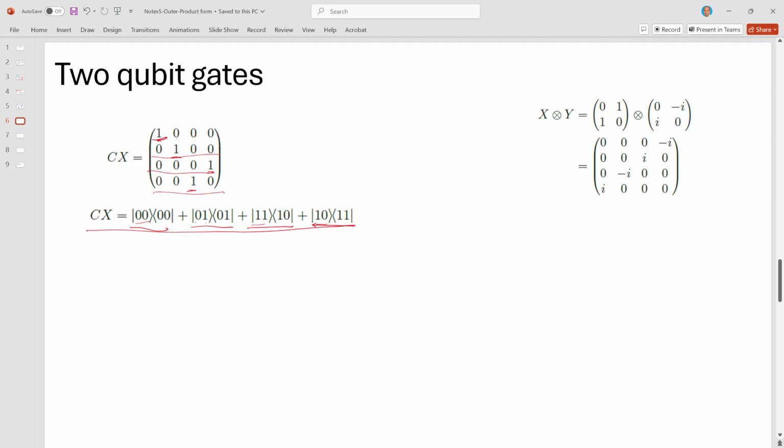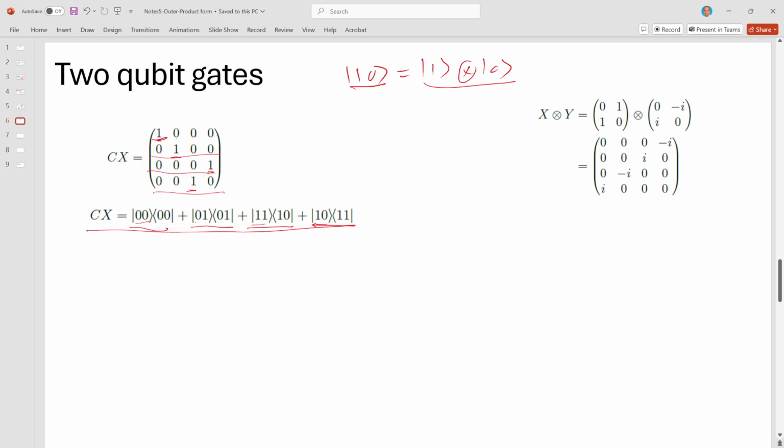Now let's see if this is the correct one or not. Just to make sure that everyone is on the same page, when I have written 1 0, this essentially means 1 tensor 0. This is a shorthand for this 2-qubit state.